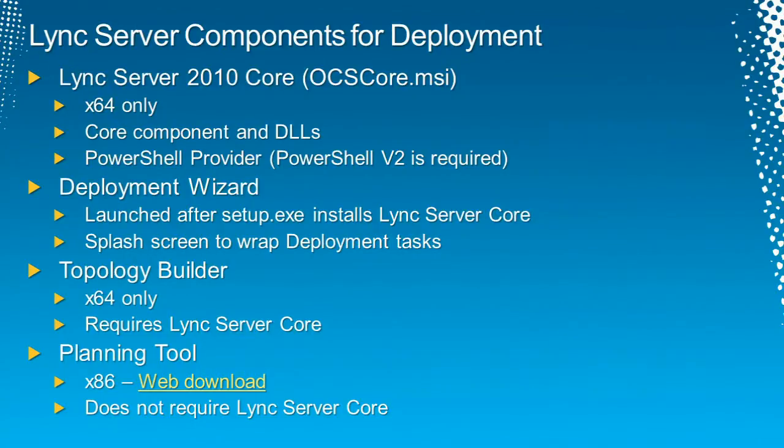Basically, what OCS core, or Lync Server core, is, is a PowerShell provider that contains all our core components and our core DLLs. This is a prerequirement for our Lync Server itself.